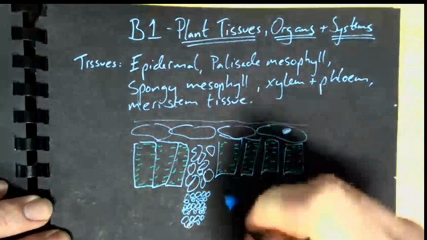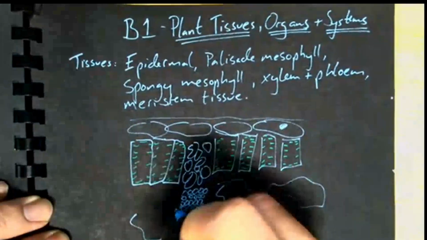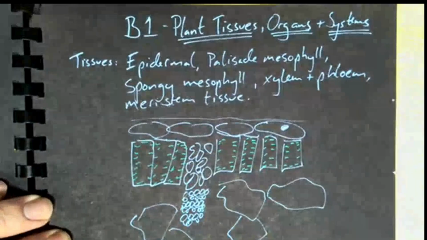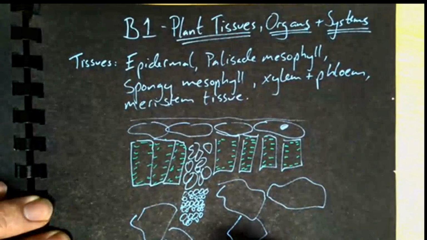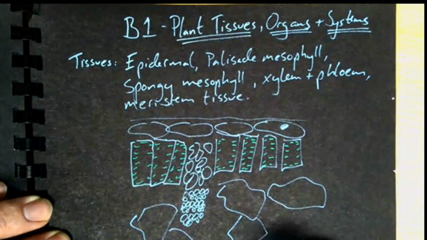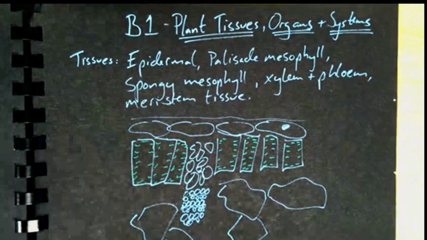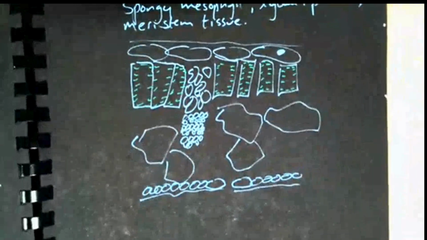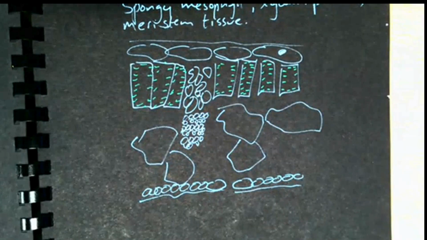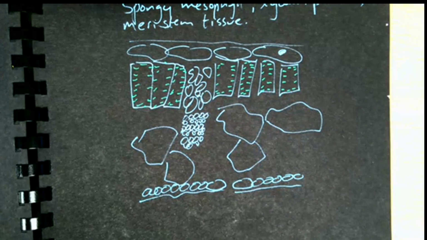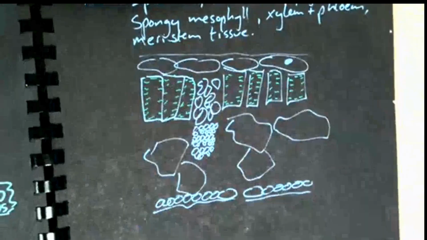And then some sort of larger, more irregular shaped cells here. And then again, a nice final layer at the bottom here. So if you have a little go at that sketch for me, can you then do that sketch very quickly now? And can you label as many of those tissues that we started with on here? So we've got these tissues. Where are they all found on here?